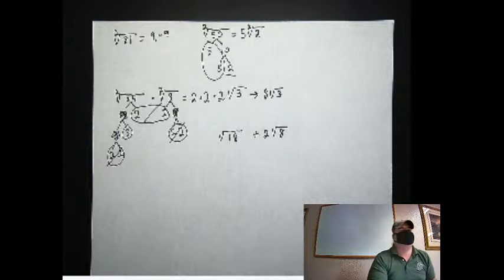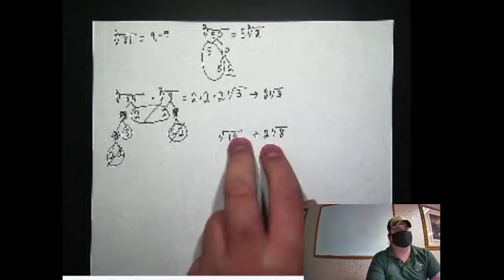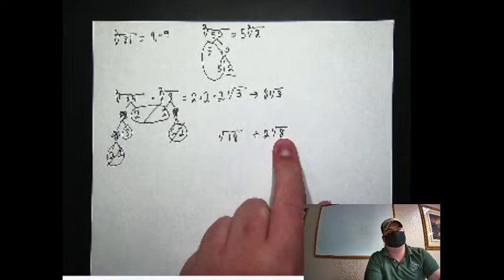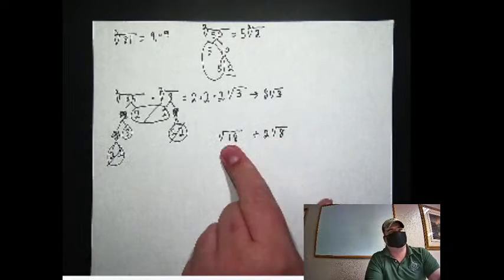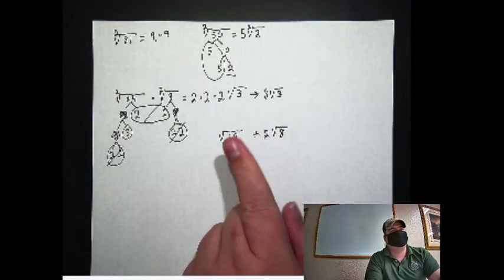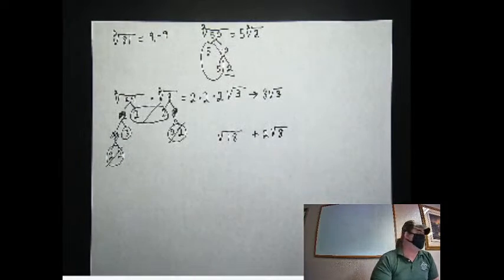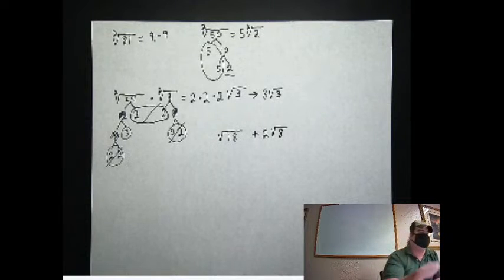Any type of number that we're adding or subtracting has to be a like term. So here, that means we have to have the same number and the same type of root to be able to add these. Well, they're the same type of root, they're both square roots, but they're not the same number. One is 18, one is 8. So we're going to have to break these up and see if we can simplify them down to something that is similar.